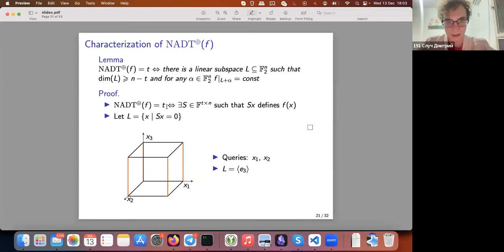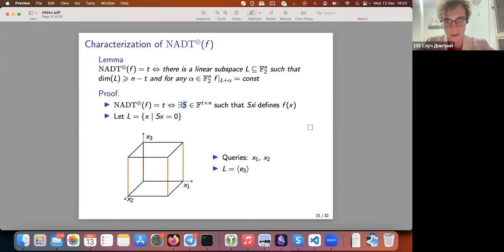And the proof is the following. If the value of non-adaptive parity decision tree complexity is t, then there are t queries, and we can represent a query for parity with an inner product. So we write all the queries into rows of matrix S, and then S multiplied by x is just the answer on all the queries.